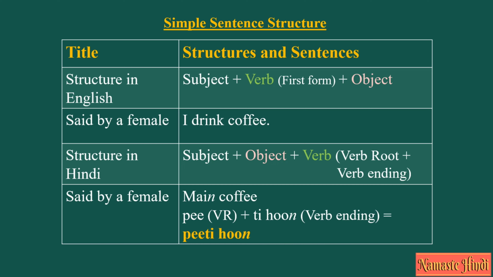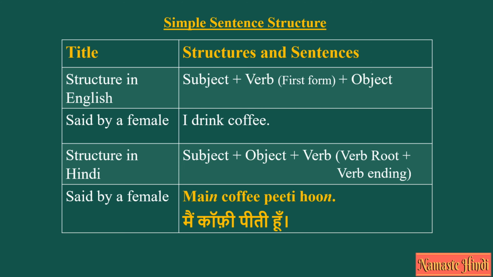So said by a female, it would be मैं coffee, पी, which is a verb root, plus ती हूँ, verb ending for a female, is equal to पीती हूँ. So the full sentence, I drink coffee, in Hindi would be मैं कॉफी पीती हूँ.